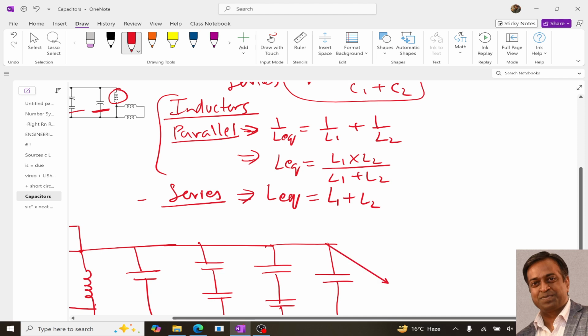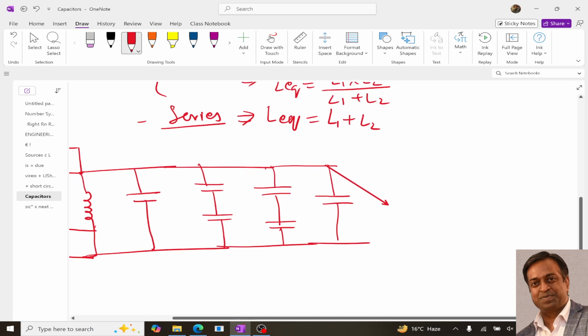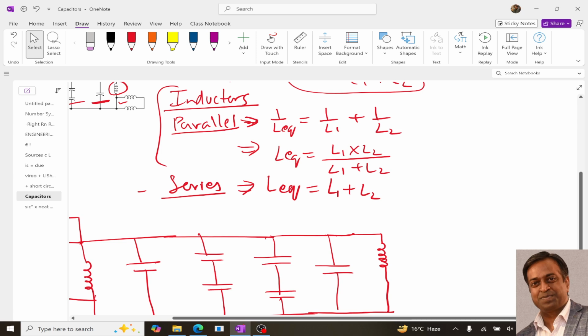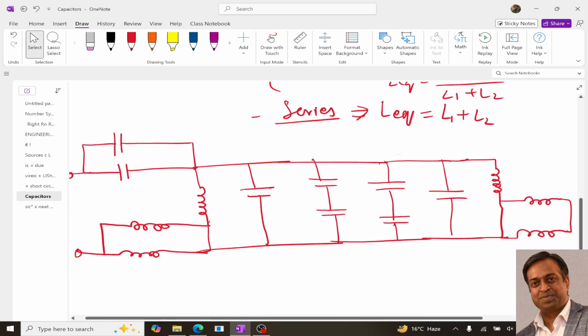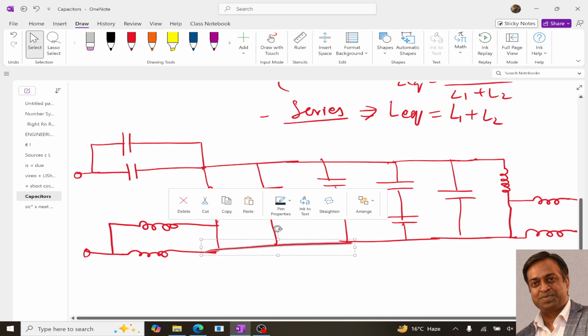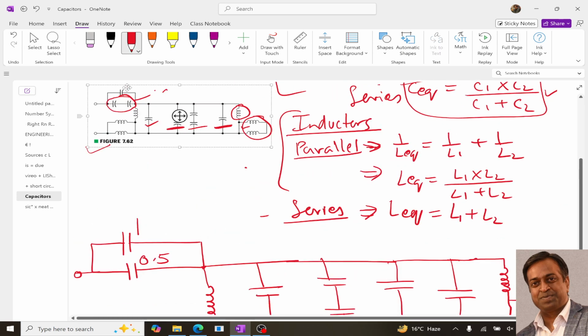And then this is a short circuit, and from this short circuit we have these two, so we are going to put these two. So this is our circuit, and it is 0.5 because we have combined this to get 0.5 millifarad.